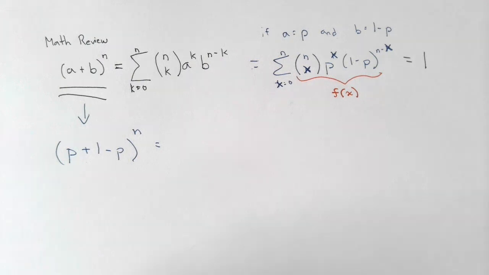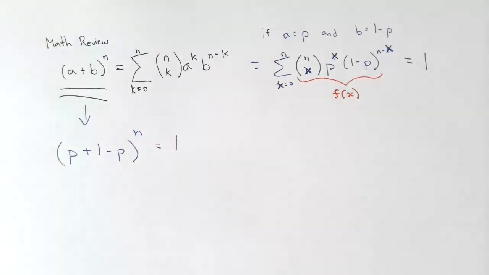One. That's absolutely right. 1 to the power of anything is 1. This is just 1, and this is very, very important, because what we are seeing here is that the binomial expansion satisfies the binomial distribution.